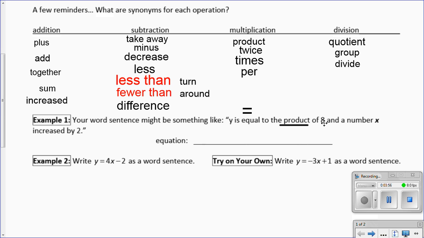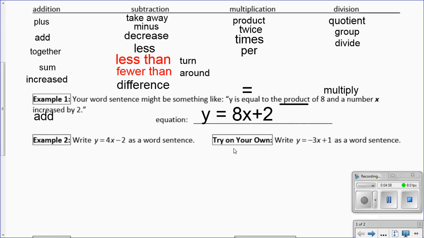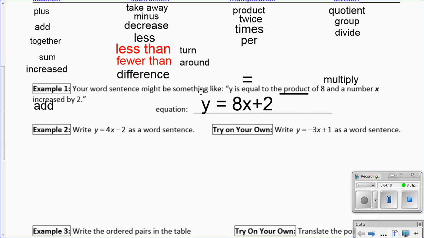So what are we multiplying? 8 and a number x. So we multiply 8 times x, and increase by means to add. So we just put it all together. y equals 8 times x plus 2. Okay? So that's a little bit easier because there's really only one correct answer. The order might be different, and that's okay. But how the operations work with each other, there's really only one answer for.